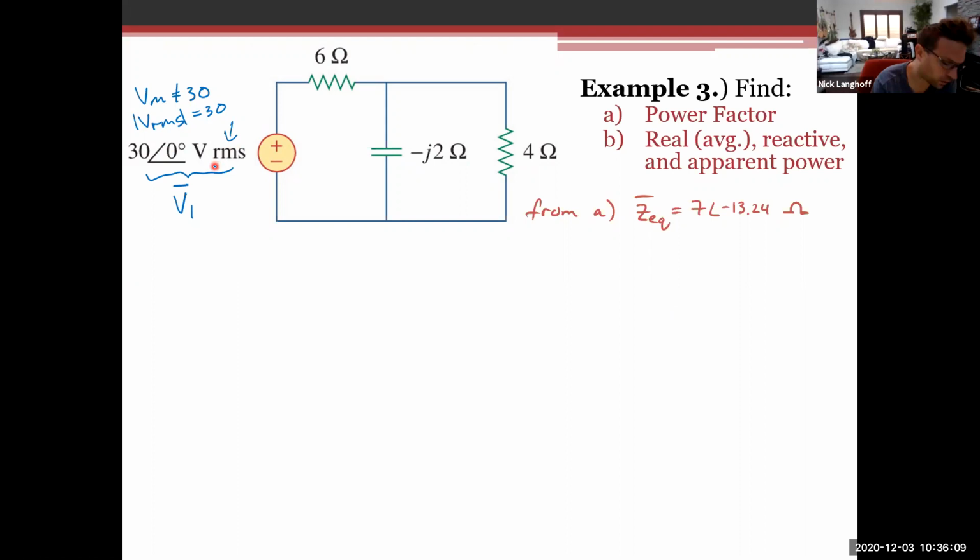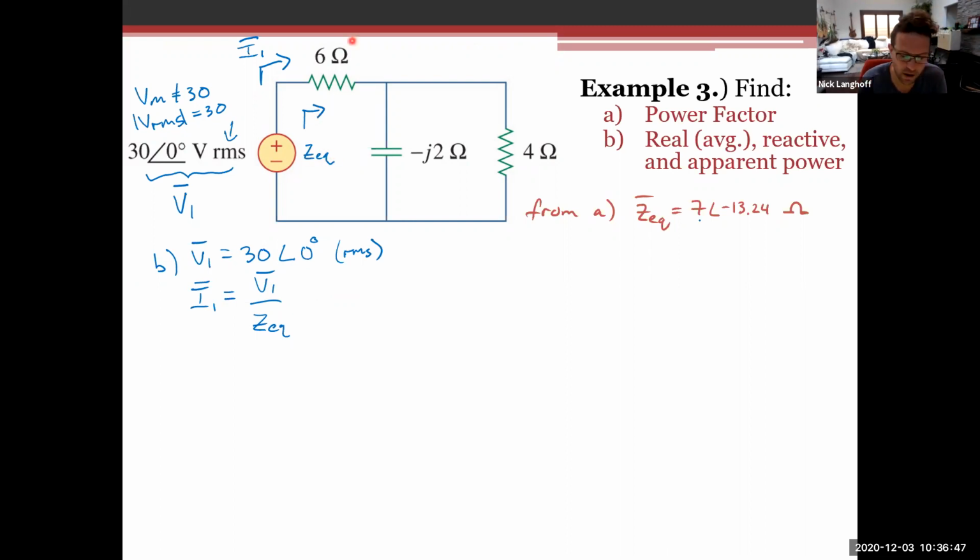All right, so we're going to call that V1, and we'll call the current flowing out of the source I1. So for part B, V1 is 30 at an angle of 0 degrees, and we'll remind ourselves that that's in RMS form already. I1, the phasor, which is going to be RMS, is equal to V1 over ZEQ, the equivalent impedance that we already found in the last part of the problem.